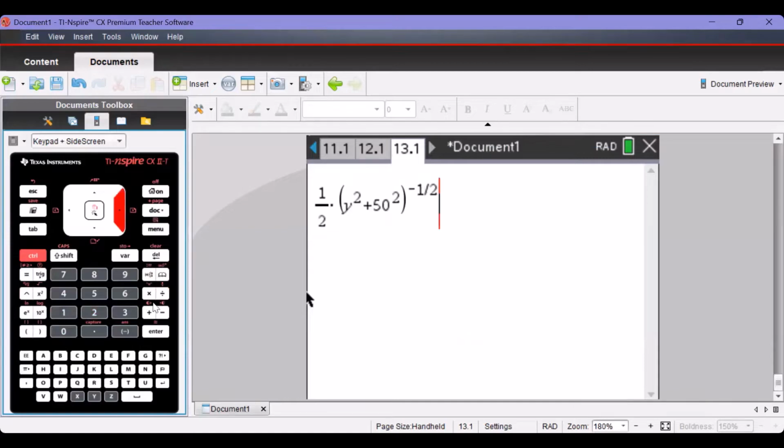and then multiply by the derivative inside. So that is, open bracket, 2 times y, close bracket. So that's dz/dy, and now dy/dt is 8, so we'll multiply by 8. Then control equals, arrow to the left to get the with or given symbol, and we want to substitute y equals 20 into there.